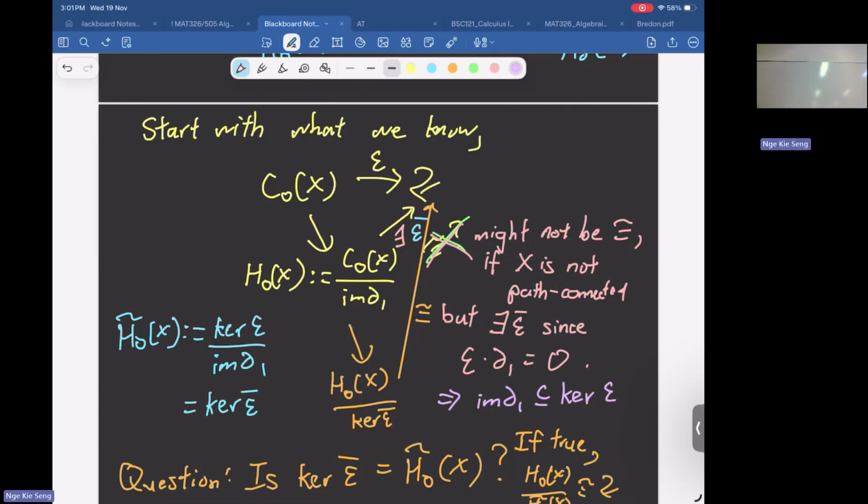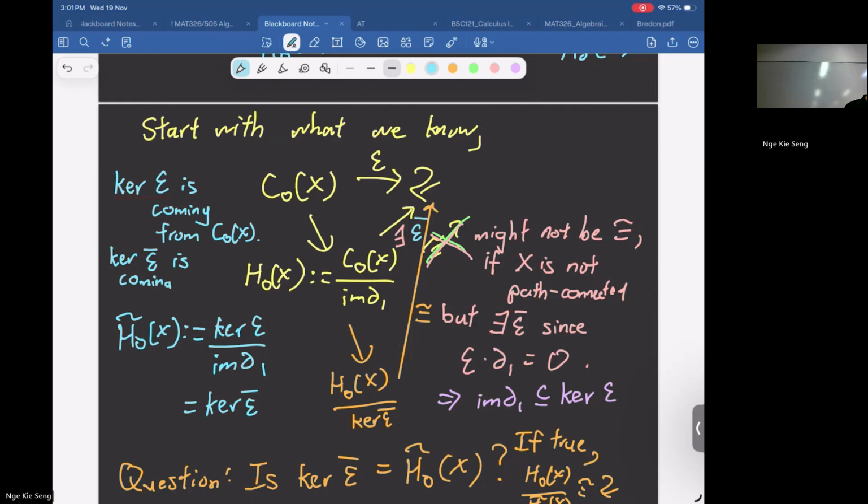Yeah. So because kernel of epsilon is coming from C naught X, then kernel of epsilon bar is coming from C naught X mod out by image of delta 1.